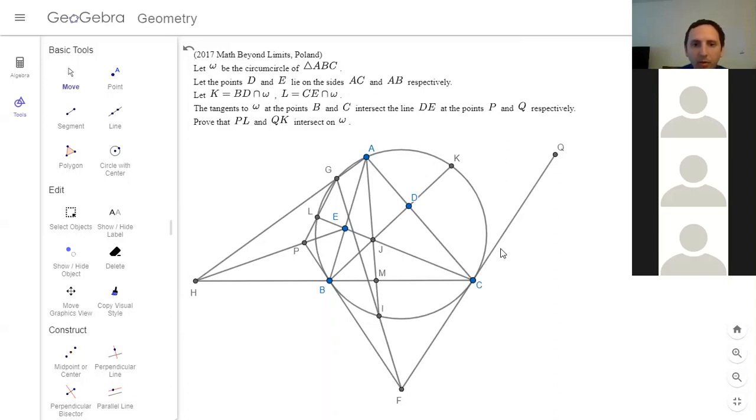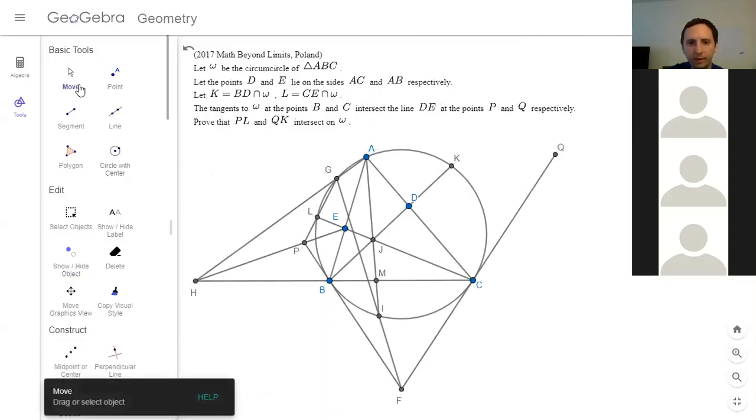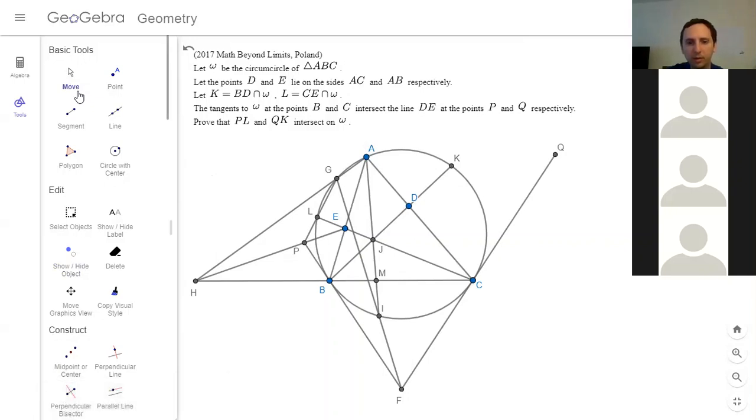Okay, so how did we define G? I forgot already. It's the intersection of PL with the circle. Okay.